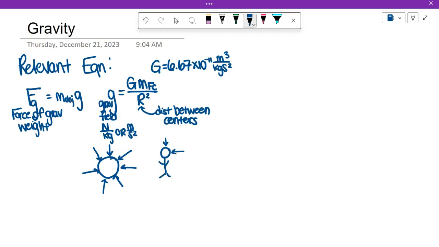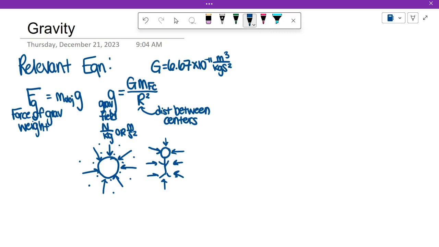Remember, we calculated that. So around us, our gravitational field kind of looks something like this. And the closer those field lines are together, the stronger the field is. So where those field lines are close together, close to the surface, the gravitational field is pretty strong. Where they're farther apart out here, the gravitational field is going to be weaker. And again, that's because of that R squared.